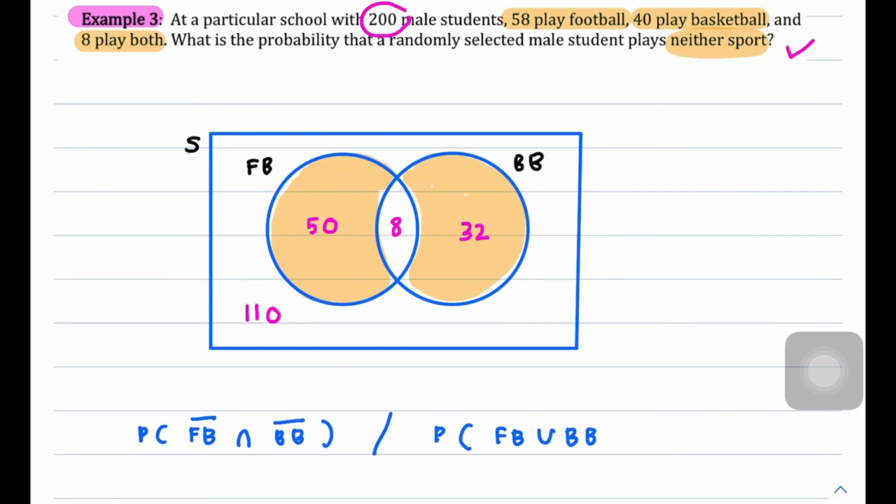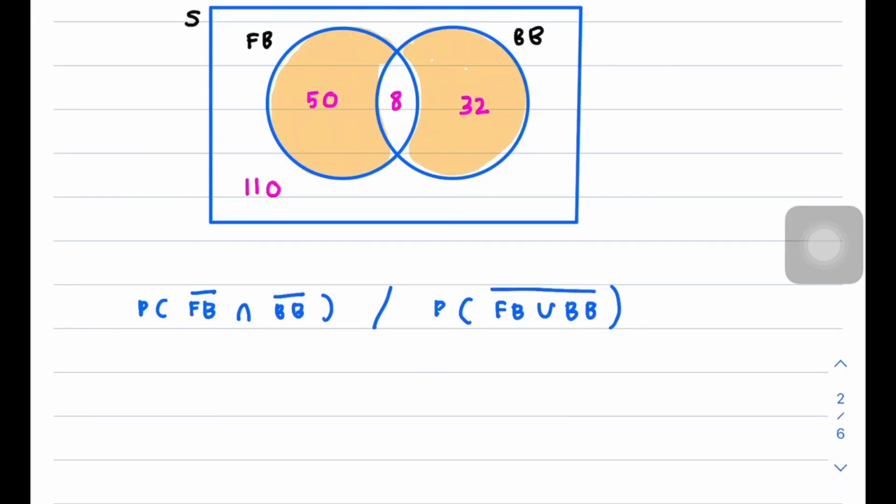And then you want outside only, so just use the complement of everything. That is another symbol that you can use to represent the question. Okay, so what is your answer just now? 110 over 200, and then simplify further. You have 11 over 20. That is your answer for example 3.